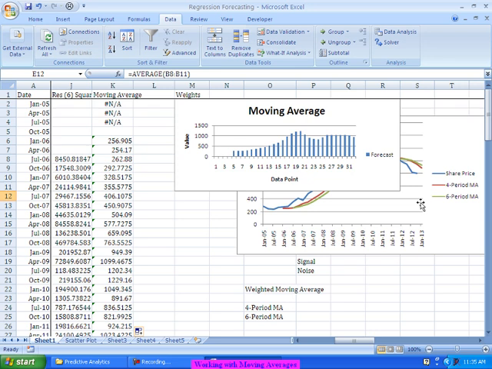Right? You can very well practice on these moving averages. You can take any kind of a time based data, try out 3 period, 4 period, 10 period, different kinds of moving averages.